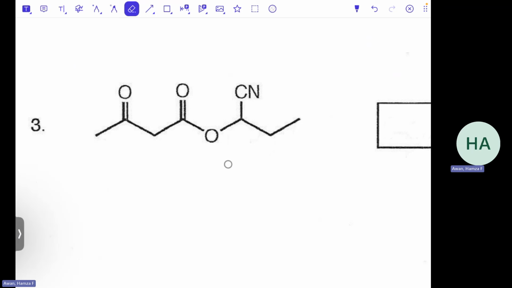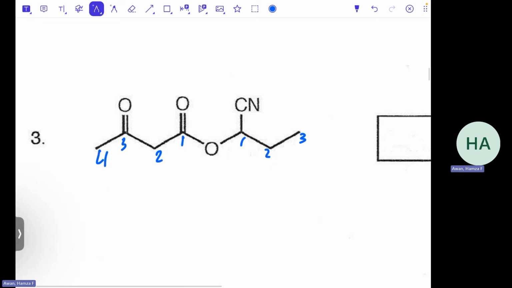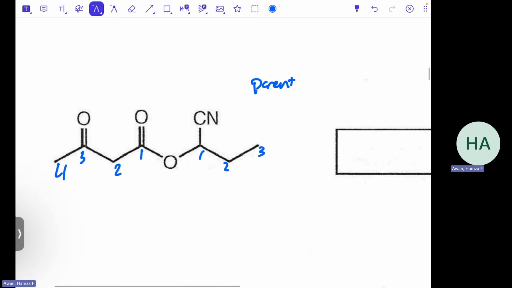Well, not substituents, I guess. This is going to be considered the parent chain because it's going after the side that has the oxygen attached to it. I'll just name the left side as the parent and then the right side as the sub.